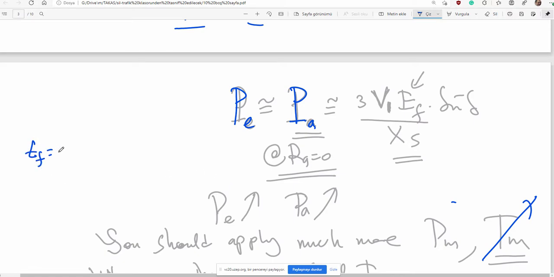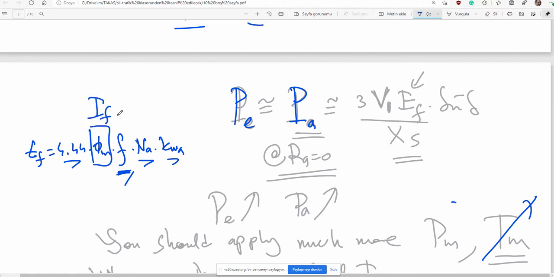EF, you remember EF, 4.44 times maximum flux times frequency times number of turns in armature and armature winding factor. Constant, constant, constant, under a very stable network, just like in Europe. This is constant, so this guy depends on field current.